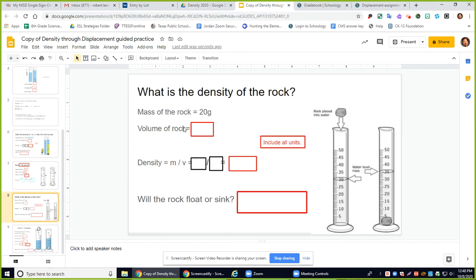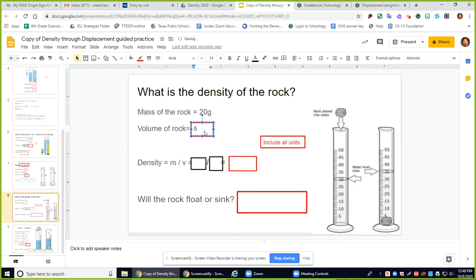Okay, example number 2. You have a rock with a mass of 20 grams. What is the volume of the rock? It was at 30. It went up to 35. Okay, so we want the difference. In other words, how much is it from 30 to 35? So 35 minus 30 is 5. 5 what? 5 milliliters.